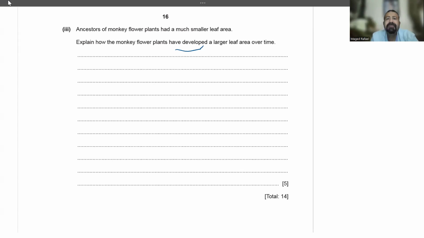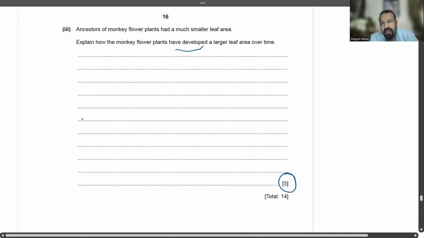We should explain natural selection, how we got genetic variation and how some living organisms will struggle to survive, some monkey flower plants have a greater chance of survival. Large leaf area plants made a better adaptation, reproduce, and pass the genetic material to the offspring over many generations. I got the idea of the 5 marks now.